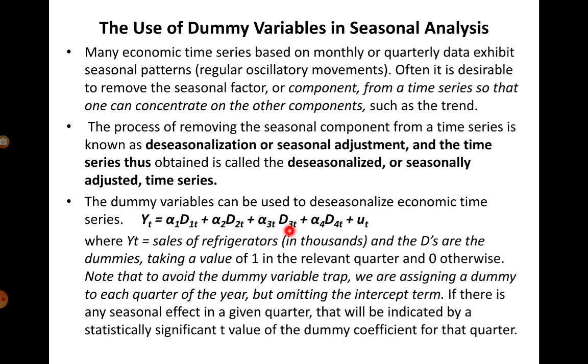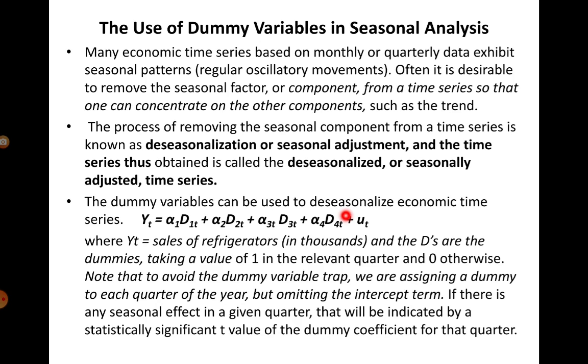We have a 4th dummy for quarter 4. Remember, the variable that we are trying to represent is the quarters, and there are 4 categories: Q1, Q2, Q3, and Q4. Ideally, if you have m categories, you should introduce m minus 1 dummy variables. Here we have 4 categories and we have actually introduced 4 dummy variables.